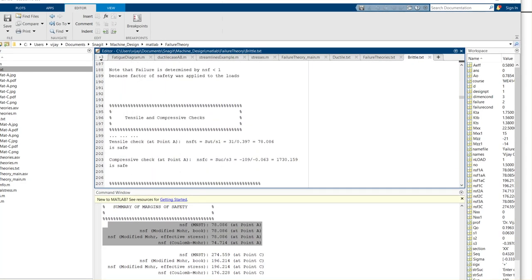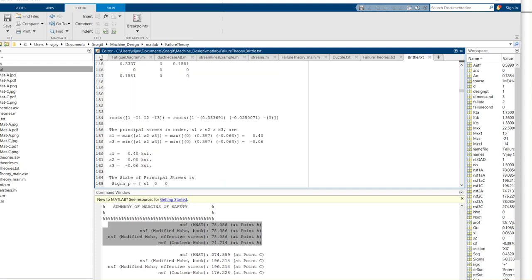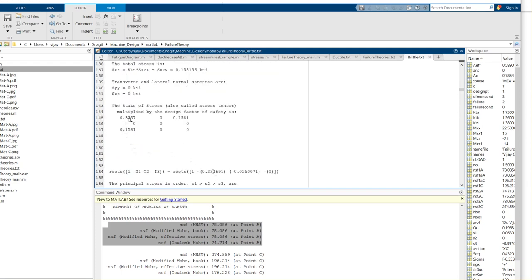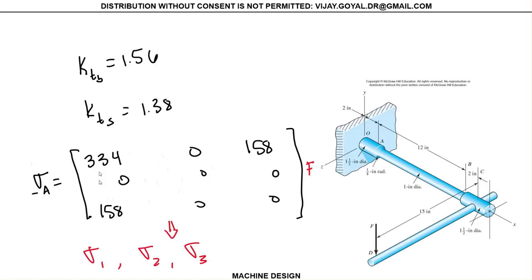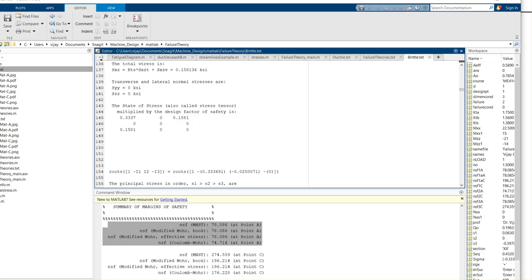You can see what your state of stress actually looks like. This is your state of stress, and this was the identical state of stress that we got here. That's how I got my state of stress, and you ran the code and found those values. Remember, this is in KSI, and those are the values we'll use, not PSI.